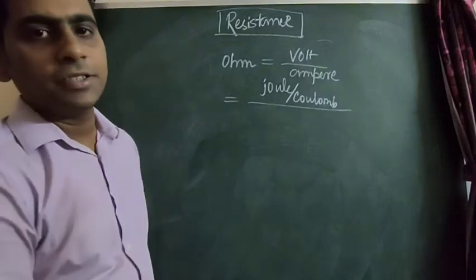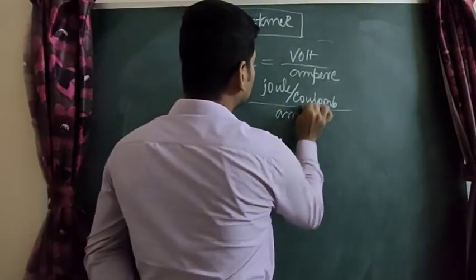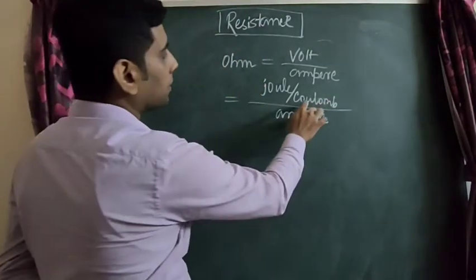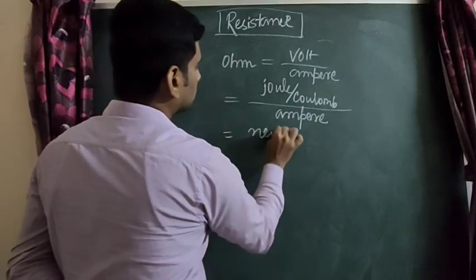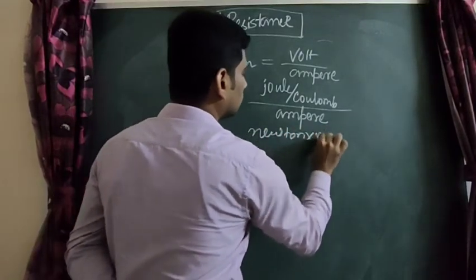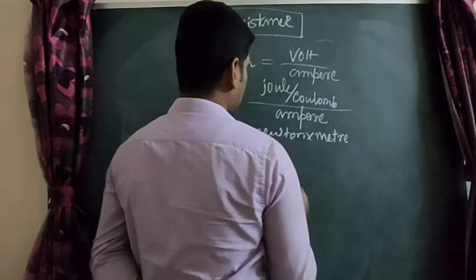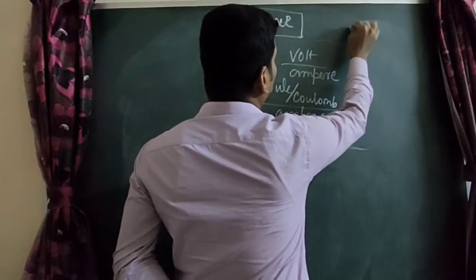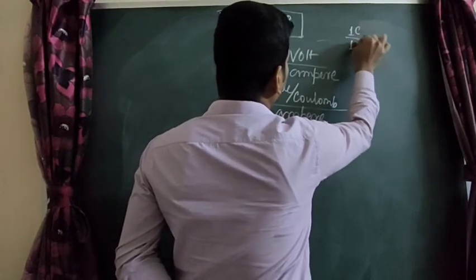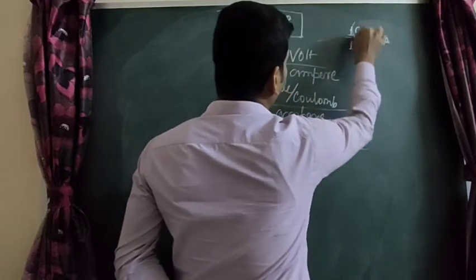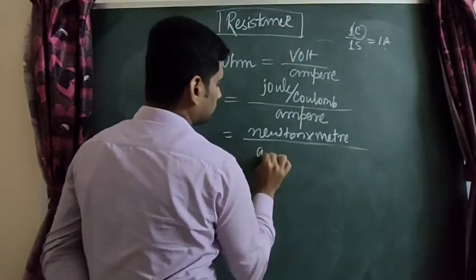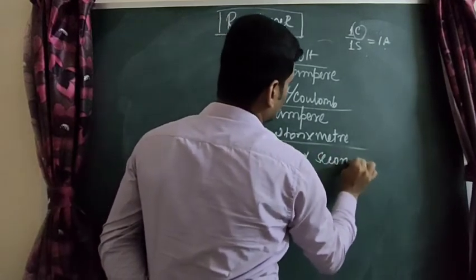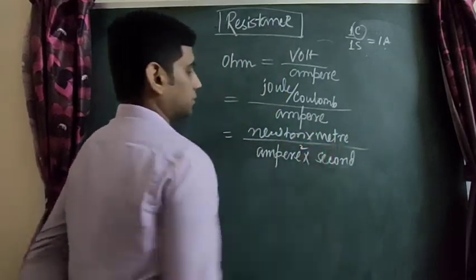Ampere means current. Well, now see. Joule means Newton into meter, divided by coulomb. Coulomb means what? If you remember from here, 1 coulomb by 1 second equals 1 ampere. So coulomb means ampere into second. And another ampere was here, so ampere square.